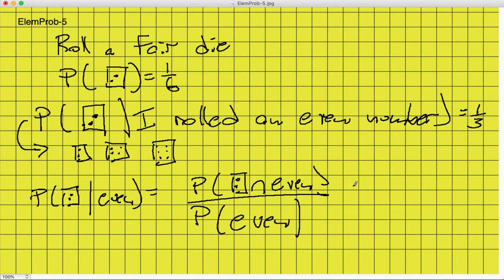There are 6 possible outcomes, and here are the 3 even possibilities. So the probability of even is 1/2. And what is the probability of a 2 and even? Well, that's the probability of a 2, which is just 1/6. And this is equal to 1/3. So you can see that these two ideas agree.